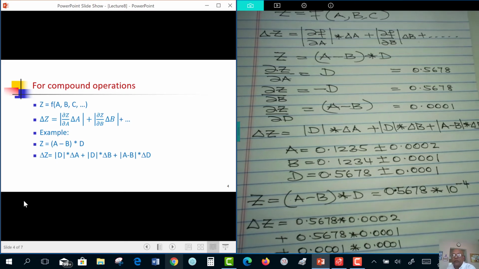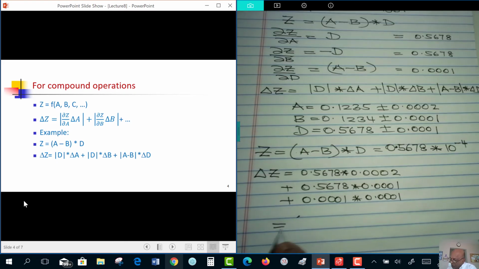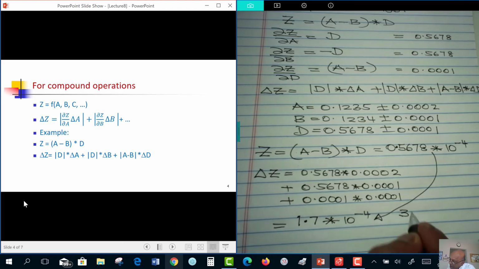And we'll get 1.7 times 10 to the minus 4. So let's see what is our delta z over z. This has 300% error.